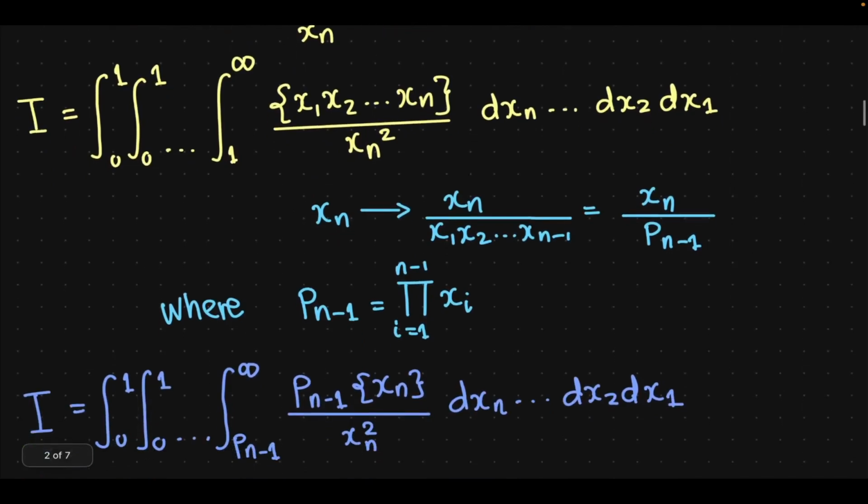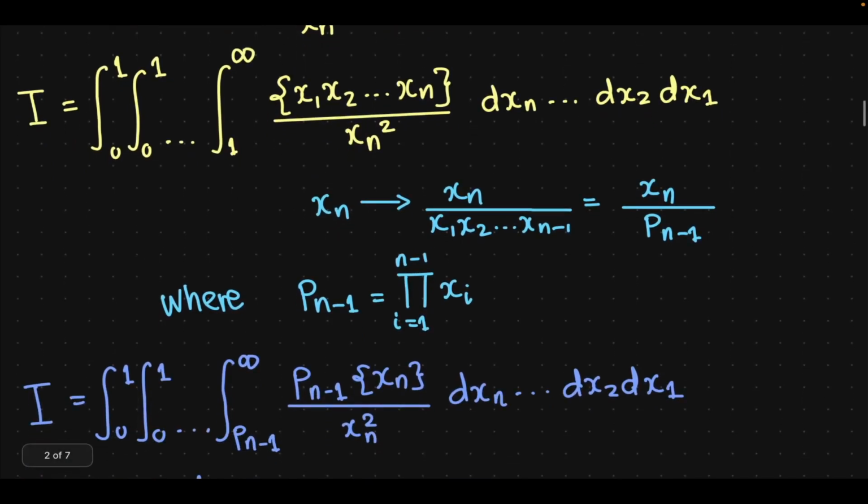So we can write our entire setup as n integrals, where the nth integral is going from Pn minus 1 to infinity. The rest of them are going from 0 to 1. And then dxn to dx1. And we have Pn minus 1, which came as the extra factor from the differential.